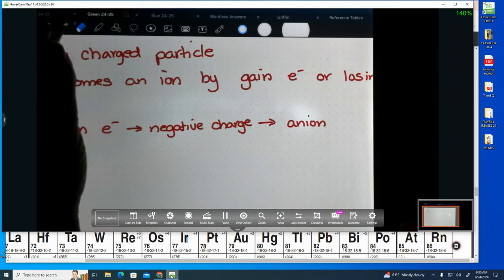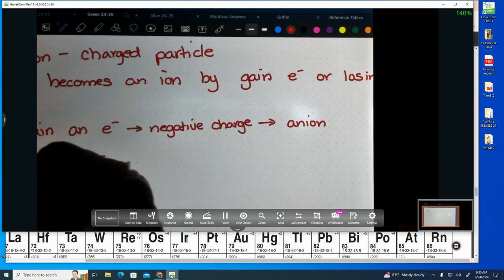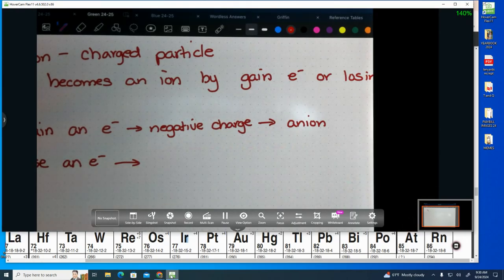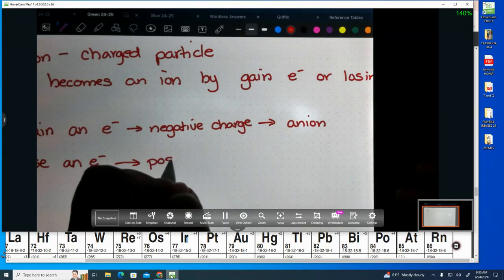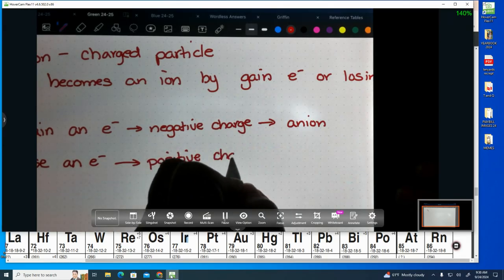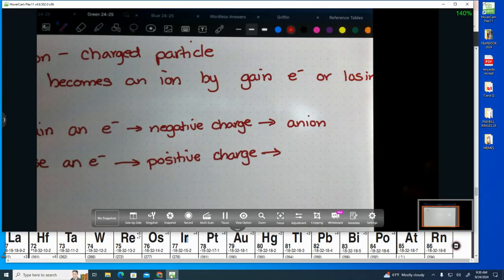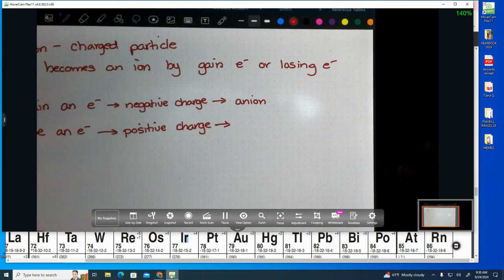If you lose an electron, you become a positive ion, positive charge. You do not become a leek. But this one's just as funny.